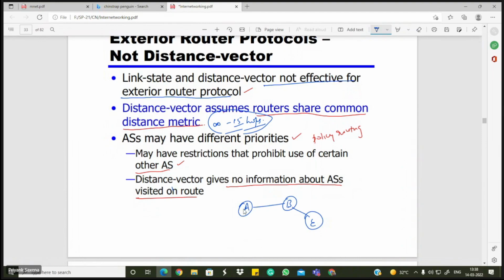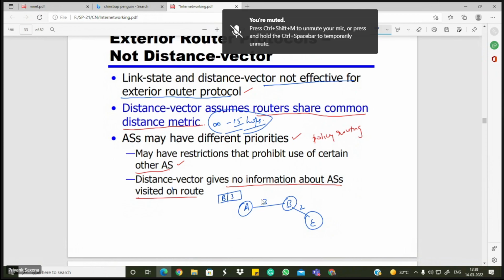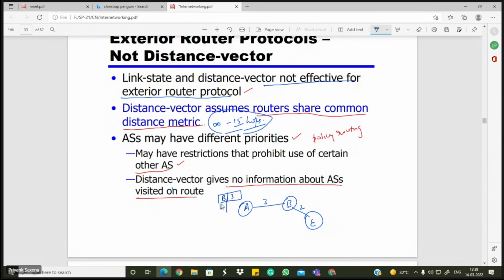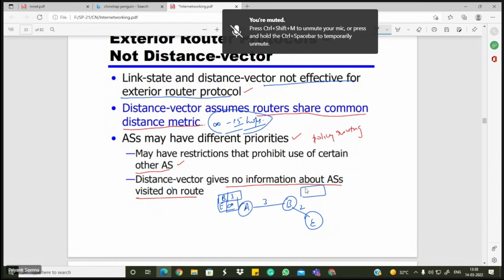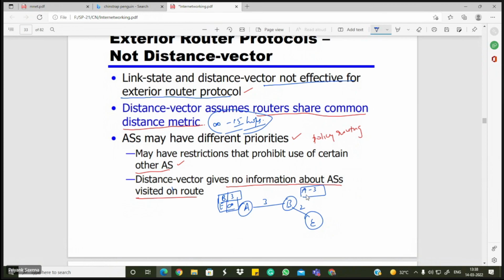Suppose A and B are connected, so A sends its vector that it can reach B with 3, with E infinity, because it doesn't know how it can reach E. And once B shares its table, B has A with 3 and E with 2. So B shares its table with A.